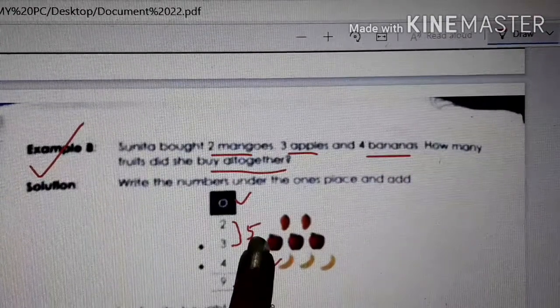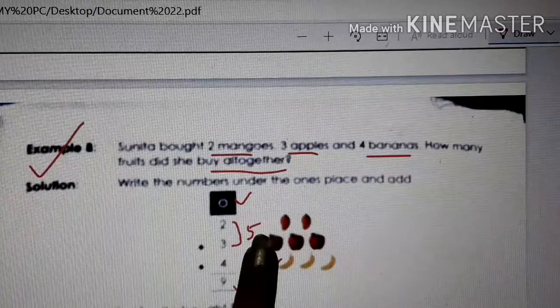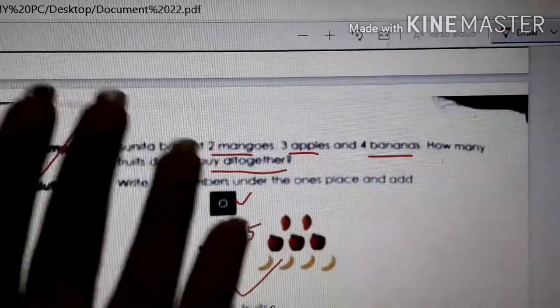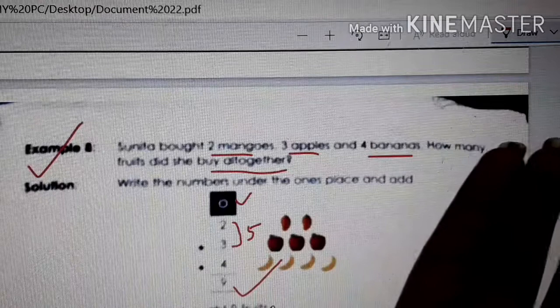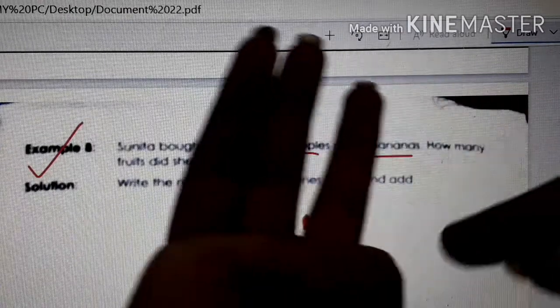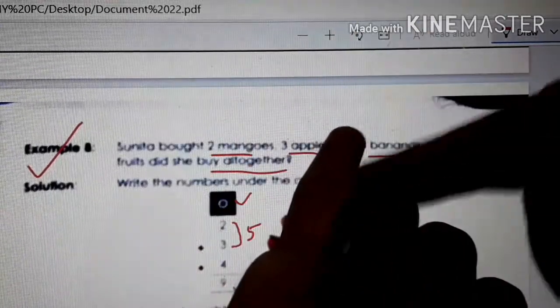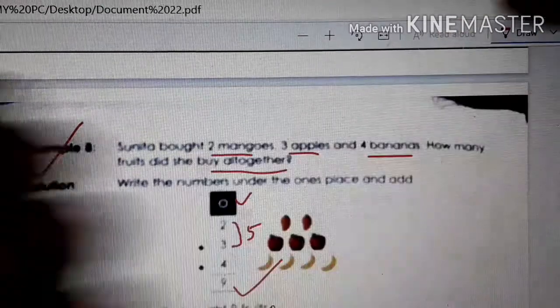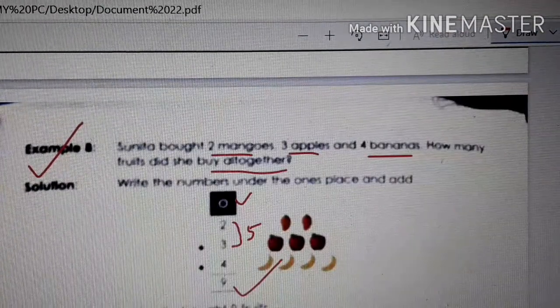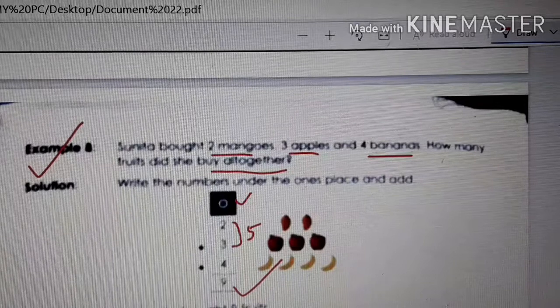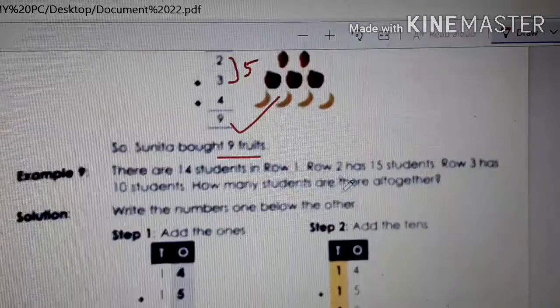Keep 5 in your mind, open 4 fingers and count after 5: 6, 7, 8, 9. Is it clear? Okay. Then let's move to the next example, example 9.